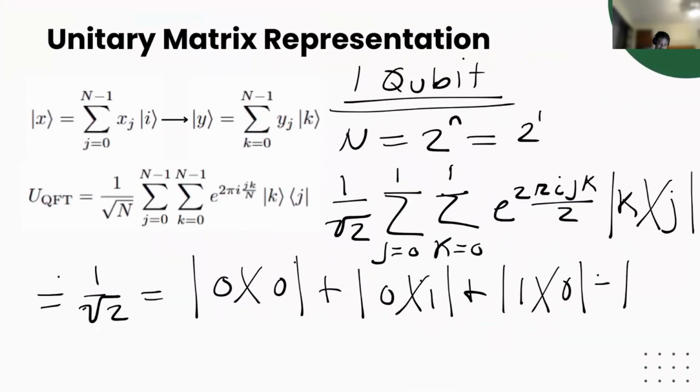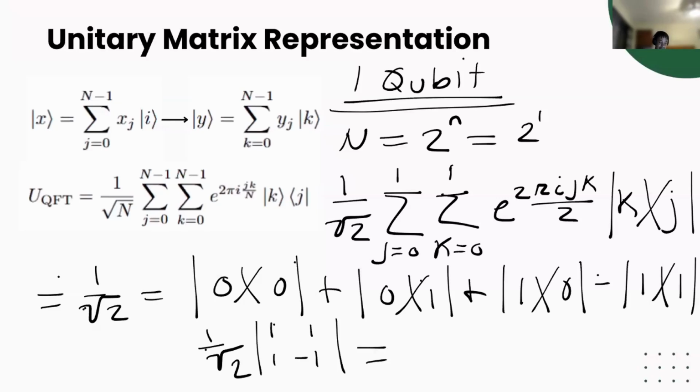So we get this. And so if we add this up, we'll see that we get this equation here. So it's 1, 1, 1, -1, over the square root of 2. And this may look like a gate that you guys have seen before. Do you know what this gate is?